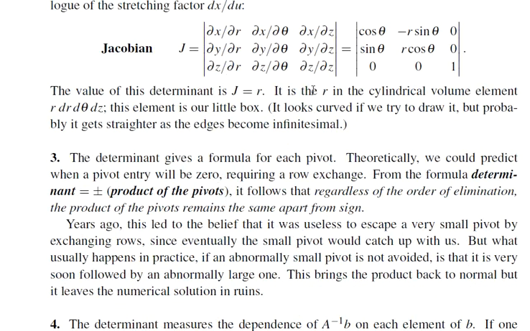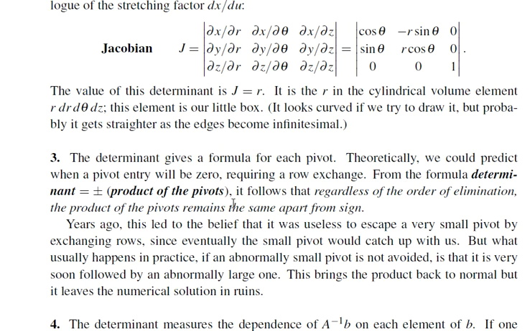The next point is that the determinant gives the formula for each pivot. Theoretically, we could predict when a pivot entry will be 0, requiring a row exchange, from the formula that the determinant is equal to the product of pivots.